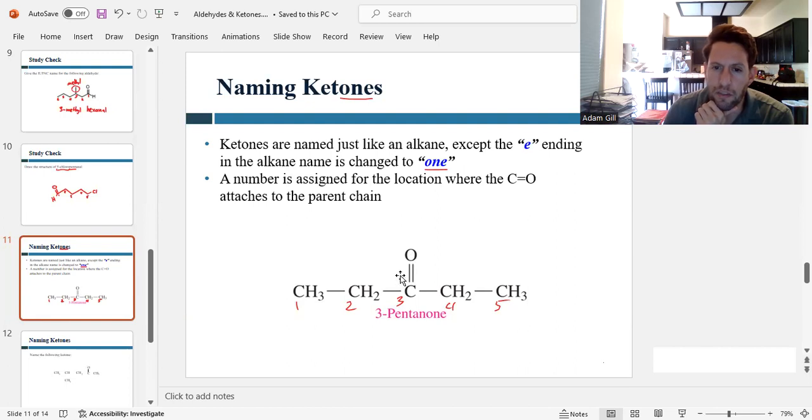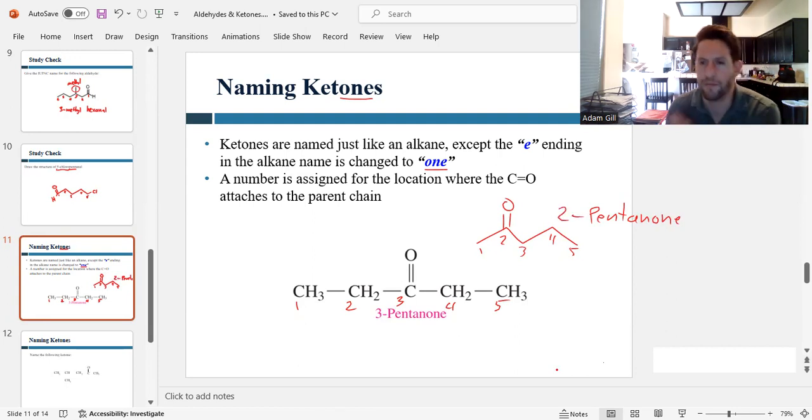And the carbonyl is at carbon 3, so it's 3-pentanone. Right? If we had this molecule here, it would also be pentanone because it's 5 carbons, but the carbonyl is at carbon 2. So this one would be 2-pentanone. And so that's why we have to specify what the number is, because the carbonyl could be anywhere in the middle of the chain for a ketone.